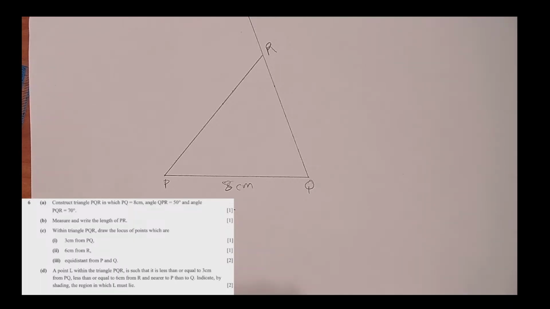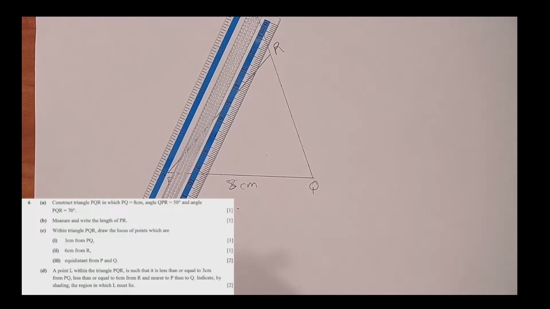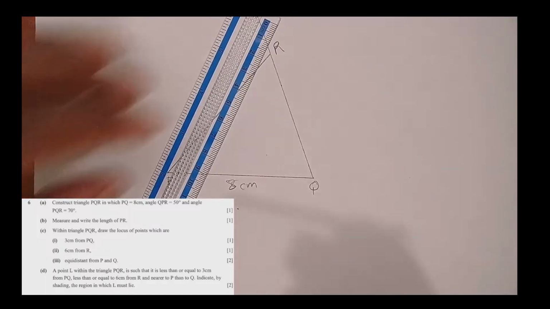Then the next question B says, measure and write down the length PR. So let us go ahead and measure and write down the length PR.